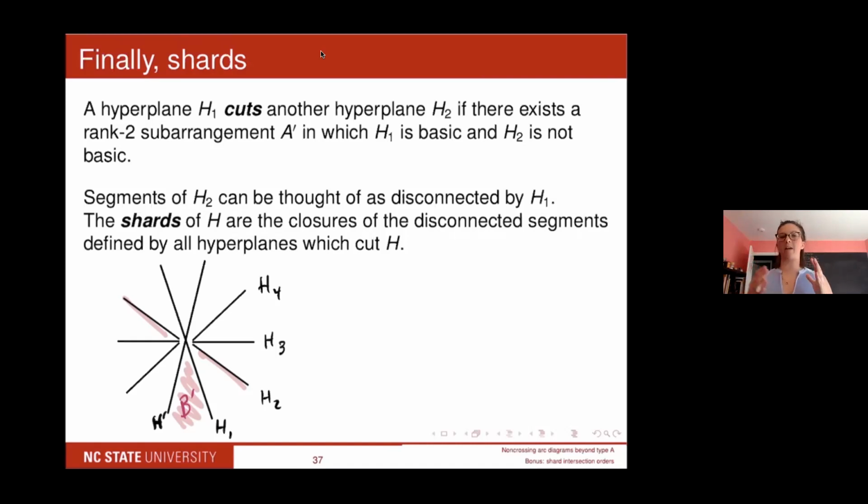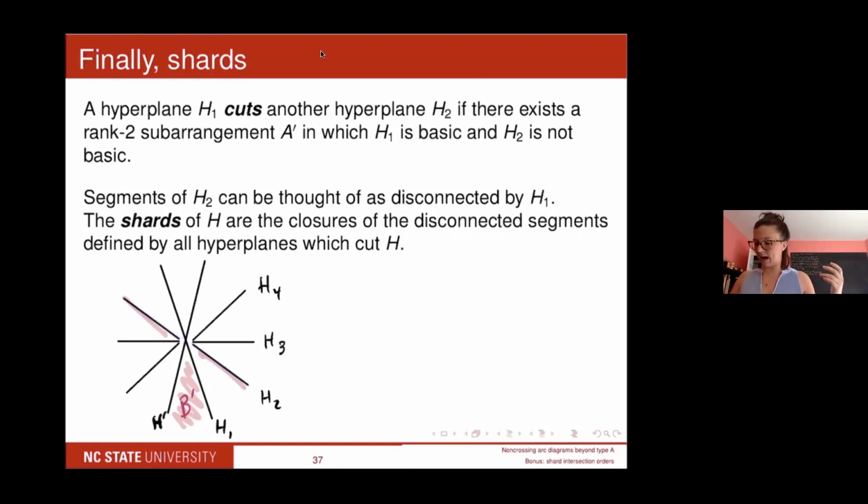And cutting brings to mind the idea of disconnecting. And in fact, the segments of H2 can be thought of as being disconnected by H1 when H1 is basic and H2 isn't, by that cutting relation. And then the shards of H are the closures of the disconnected segments defined by all of the hyperplanes that cut H. So we've got this hyperplane H2, which is cut by H1 and H prime.